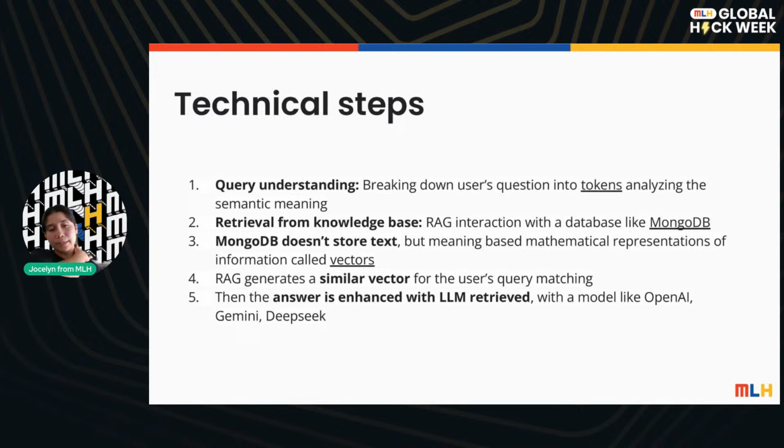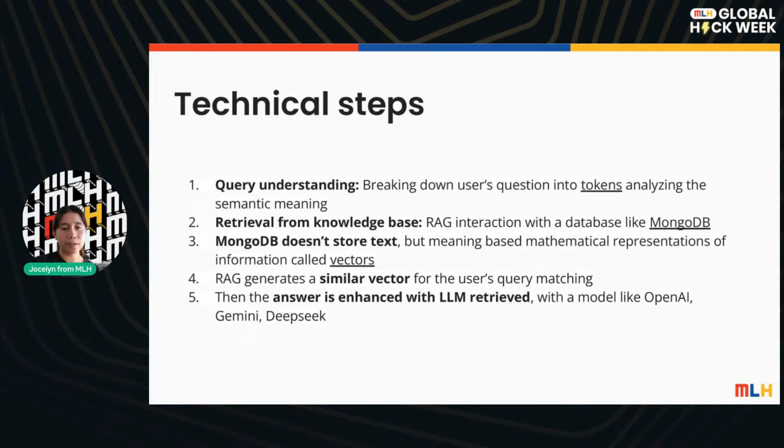So the technical steps, again, number one, we are going to be doing query understanding. So breaking down the user's question into tokens, analyzing the semantic meaning of those words. Number two, we're going to be retrieving from our knowledge base. So RAG interacts with a database like MongoDB in our example.